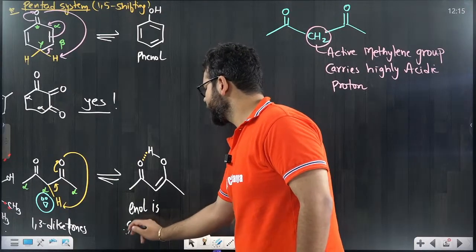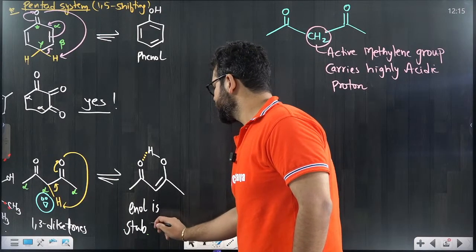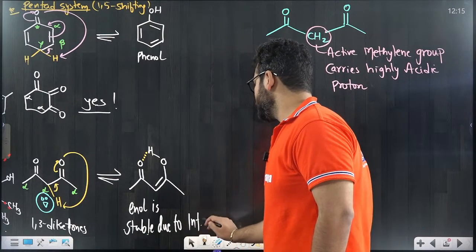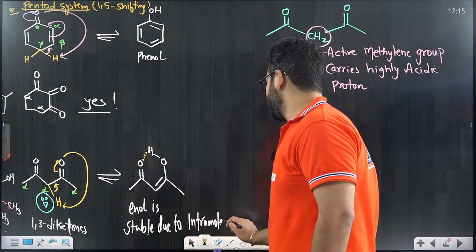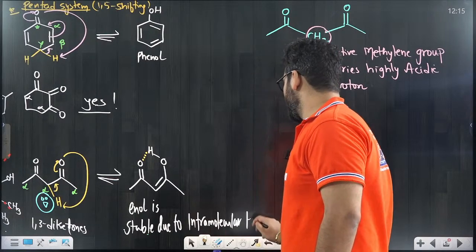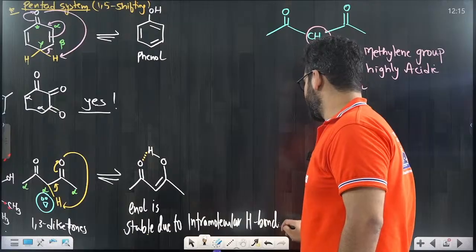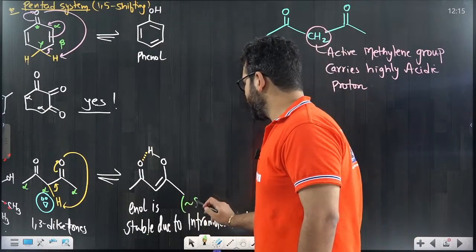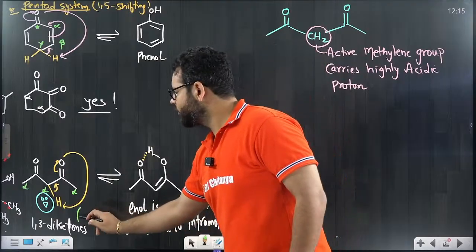Enol is stable due to intramolecular hydrogen bonding. So it almost reaches 8% and this is almost 92%.